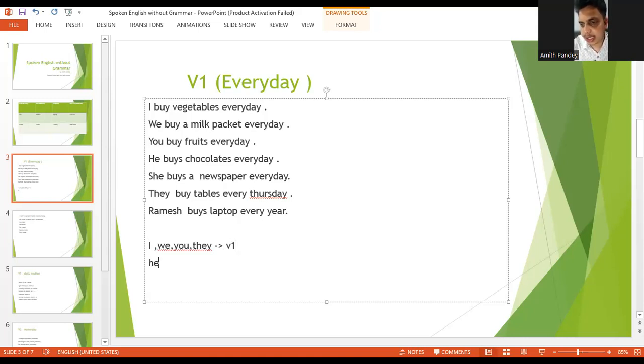Whereas in other cases, he, she, and name, in this case, we need to use V1 plus S or ES. Okay. In order to express about every day, we have to use this particular concept.